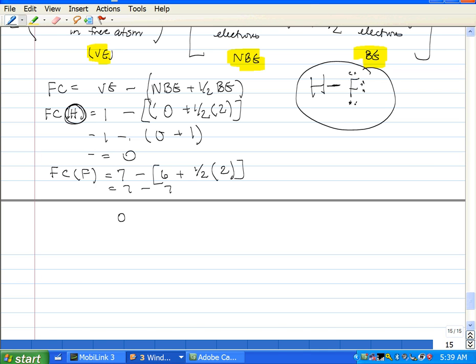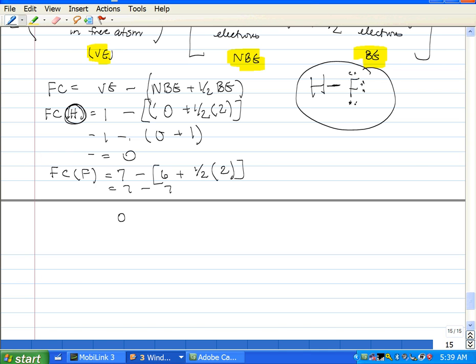But what does it mean? So what we would like to have, the molecules that are most stable, our preferred configuration for a molecule is one that has all of the atoms with a 0 formal charge. If that cannot be, we want to minimize the amount of formal charge in the molecule as much as possible.